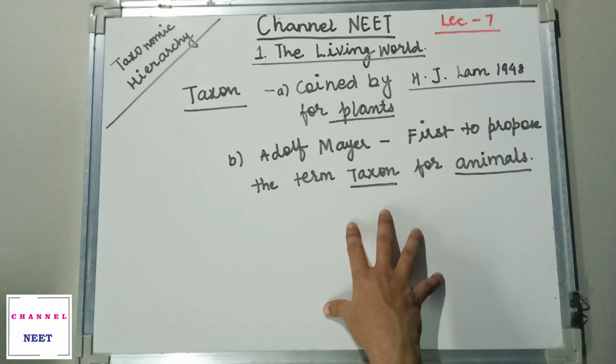Now we will be moving to some more detailed concepts with respect to taxonomic hierarchy. As you already know, there is some sequence to it, there is a framework to it.